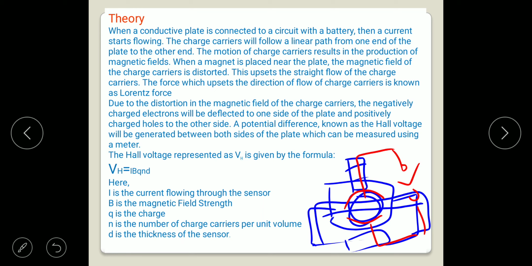This continuous flow of charge carriers is distorted because we place the magnet there. So positive charges occupy the positive side and negative charges the negative side, and we get a potential difference between these two points. This is nothing but the Hall voltage.